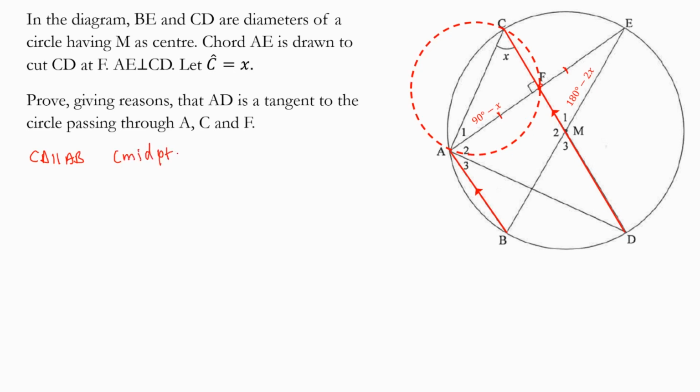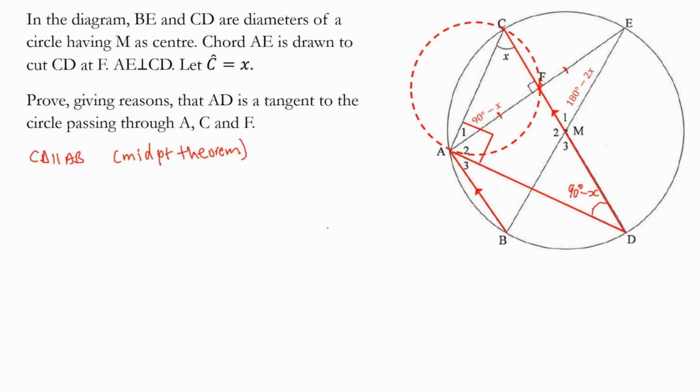Okay, we did the midpoint theorem in grade 10, if you remember. So these lines CD and AB are parallel, and then we can find this angle here. Angle CAD is 90 degrees, so this angle here is 90 degrees minus x.